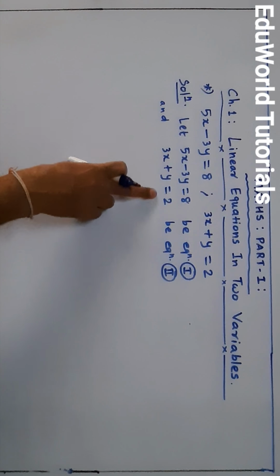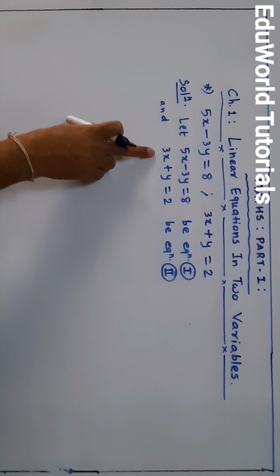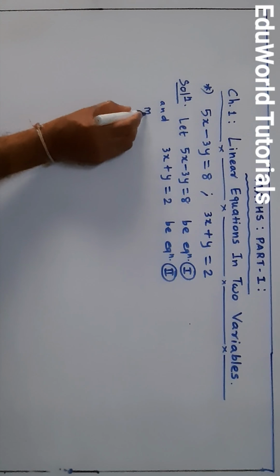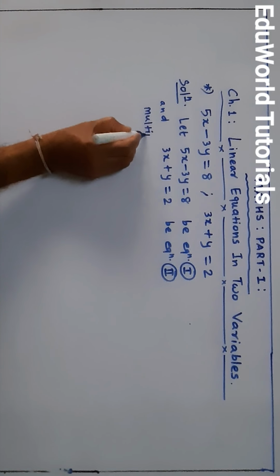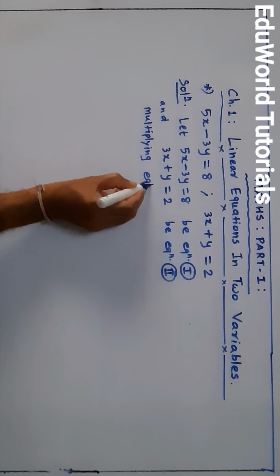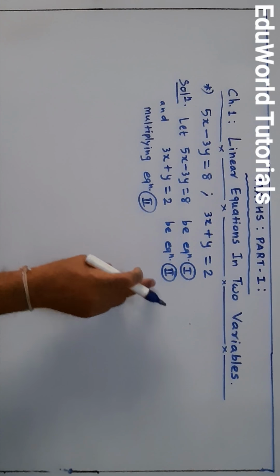So in order to make this y term plus 3y, we have to multiply the entire equation second by 3. So we write this instruction: multiplying equation second by 3. Always remember, these numbers must be Roman numerals.